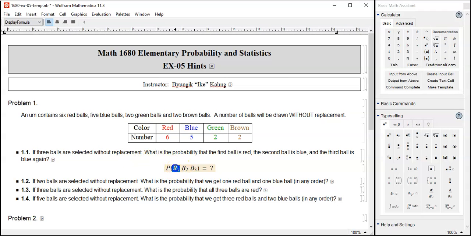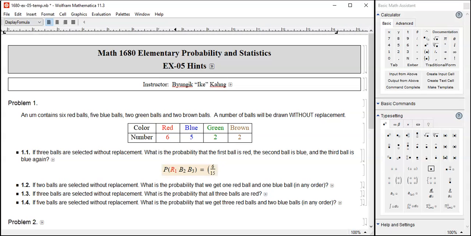Well, what is the probability of selecting a red ball in your first draw? There are a total of 15 balls and there are 6 red balls out there. So use your common sense. Can you see that the probability is 6/15 in your first draw? Okay, that's easy. Next, we have to use the multiplication rule.